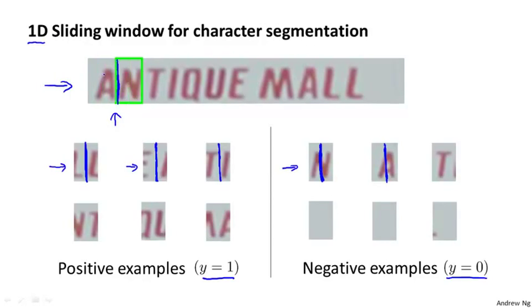Then we slide the window over again, hopefully the classifier says don't put a split there, slide it over again, hopefully it says yes, do put a split there, and so on, and we slowly slide the classifier over to the right, and hopefully you'll classify this as another positive example, and so on, and we would slide this window over to the right, running the classifier on every step, and hopefully it'll tell us what are the right locations to split this image up into individual characters. And so that's 1D sliding windows for character segmentation.